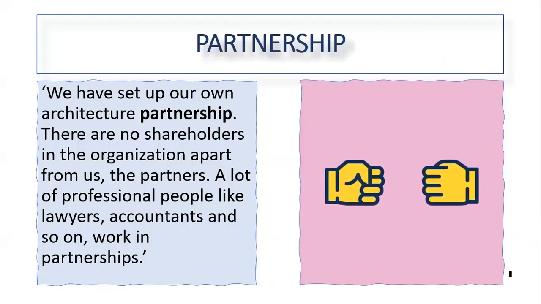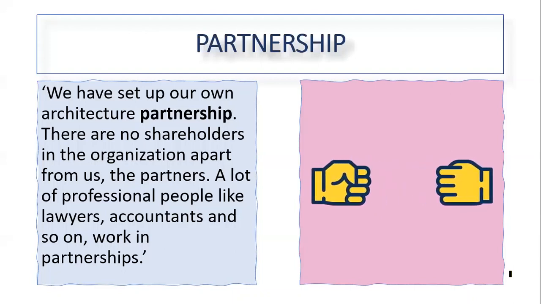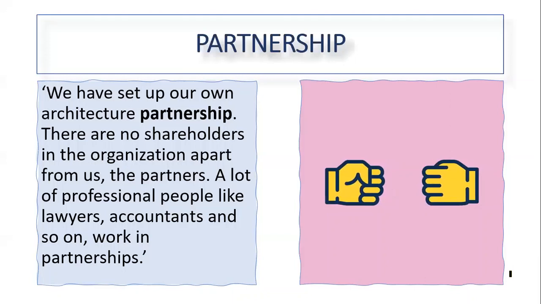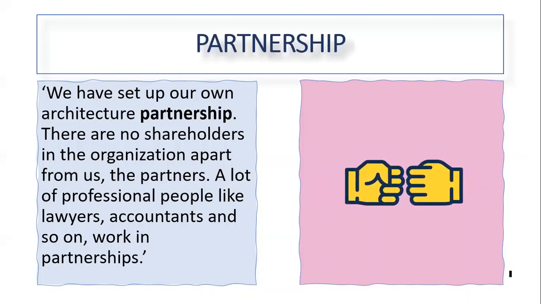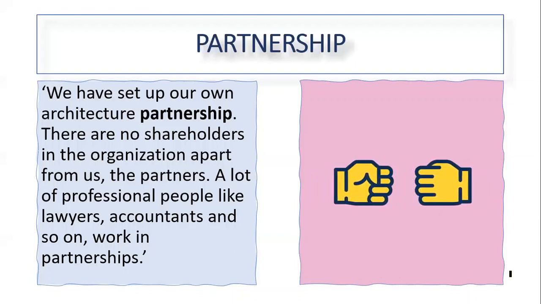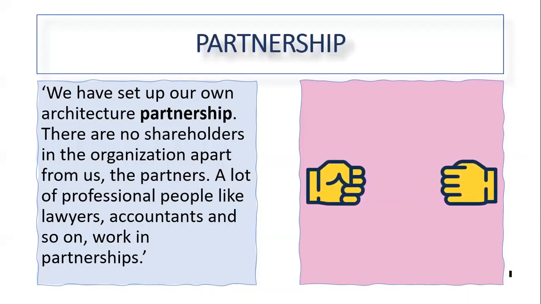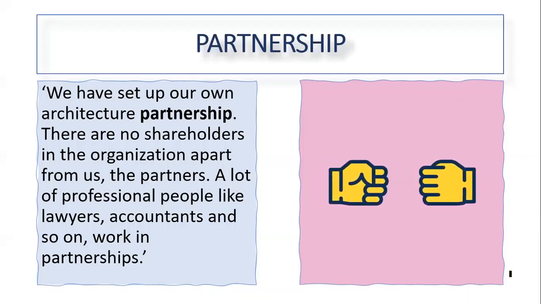Now, one question for you. A partnership, it's only for two people or two or more people? What do you think? Yeah, it's for 2 or more people. Usually it's 2 people because sometimes you do it with your best friend or with your wife or your husband.